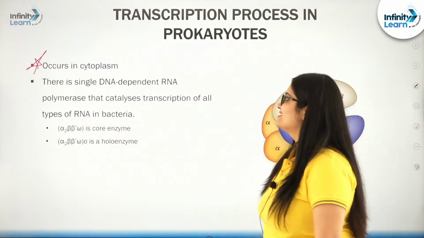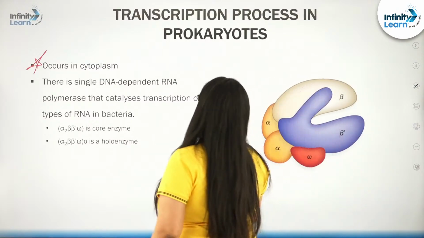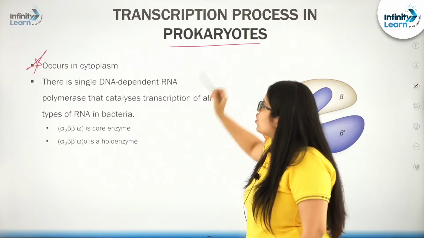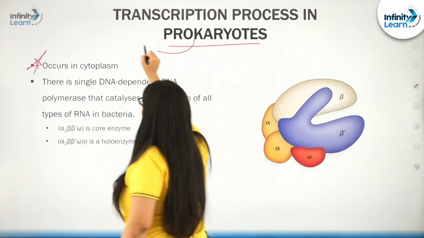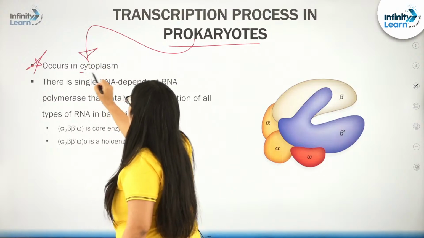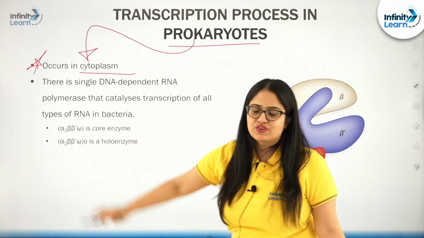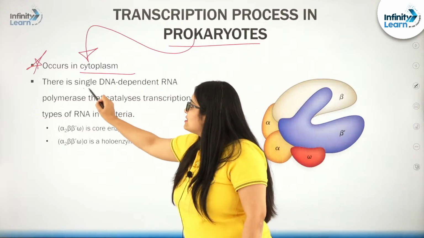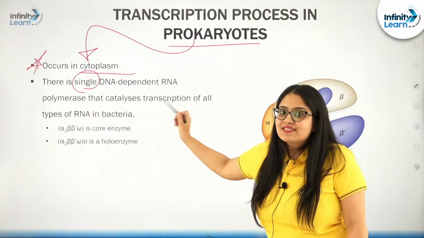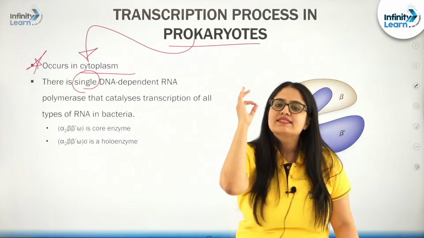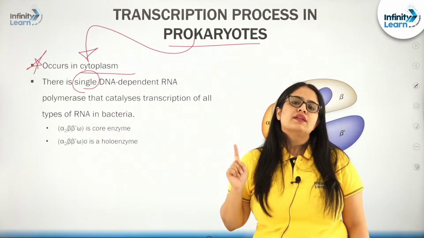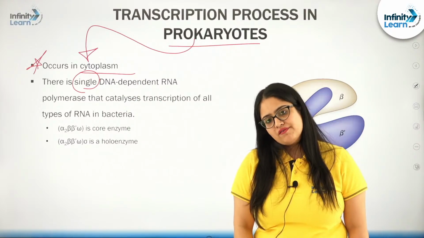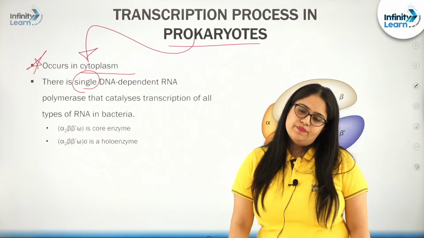I appreciate that confidence. So, the transcription process in prokaryotes will occur in the cytoplasm. That is the place where transcription takes place in prokaryotes. Another important thing, as we have already discussed on the previous slide, a single DNA dependent RNA polymerase will participate in formation of all types of RNAs, t, r and mRNA.